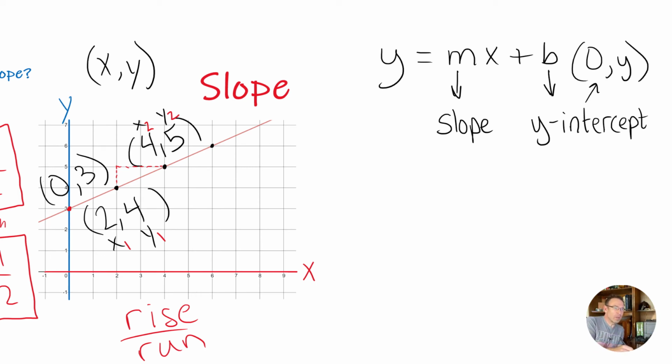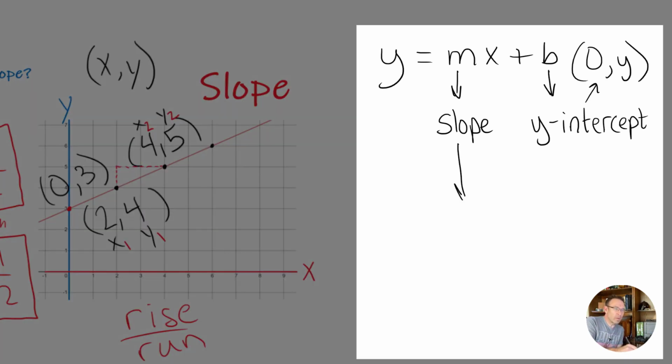Okay, so we know what our slope of this line is, don't we? It's 1/2. We calculated that earlier. And now we know what our y-intercept of this line is because I just told you. It's +3. Y-intercepts can be negative, they can be positive. It's wherever that line on the graph crosses the y-axis, the blue line there.